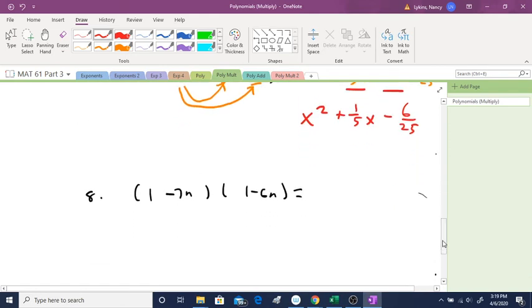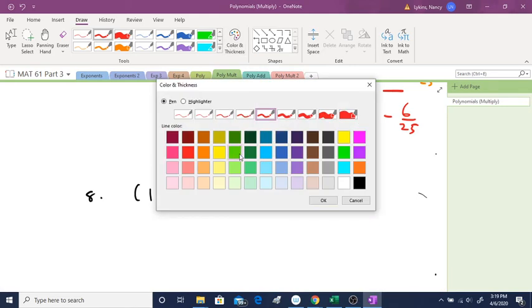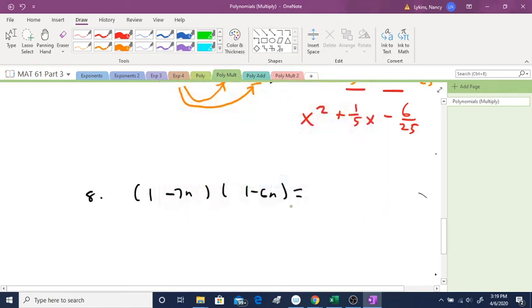Now sometimes we write this in a different order. Take a look at this next one. It's the same concept, except I don't have the variable in the front of it. So now we treat this the same way. 1 times 1 is 1. 1 times negative 6n is negative 6n. Negative 7n times a positive 1 is a negative 7n.